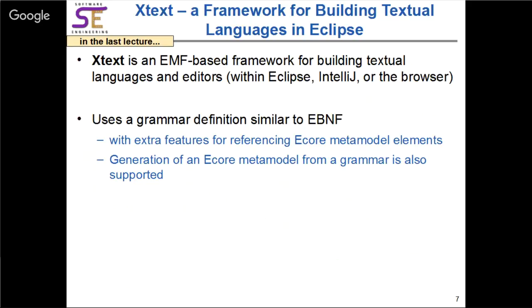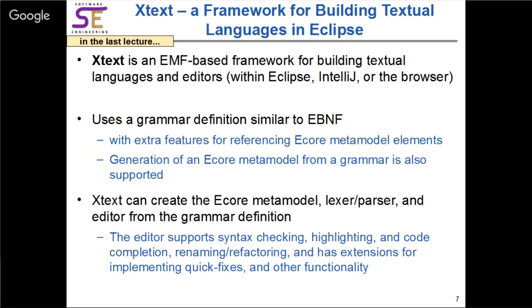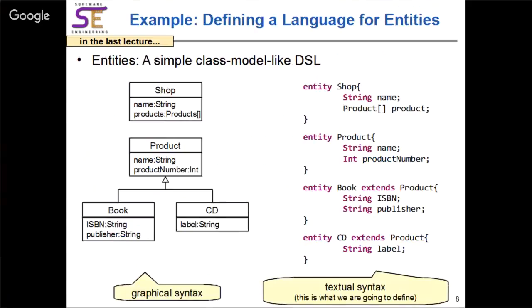And what is it that we would like to do? So we could imagine, so this is a running example that I started to explain to you last time, that we want to look at. So let's say we want to define a simple language called entities, where users should be able to define entities similar to classes, or like entities that you know from entity relationship diagrams.